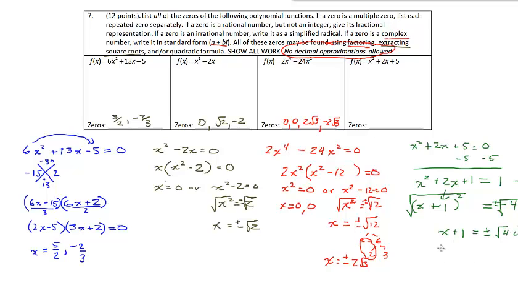So x plus 1 is equal to plus or minus 2i. Subtracting 1 from each side, x is equal to negative 1 plus or minus 2i. Negative 1 plus 2i is one zero, and negative 1 minus 2i is the other zero.